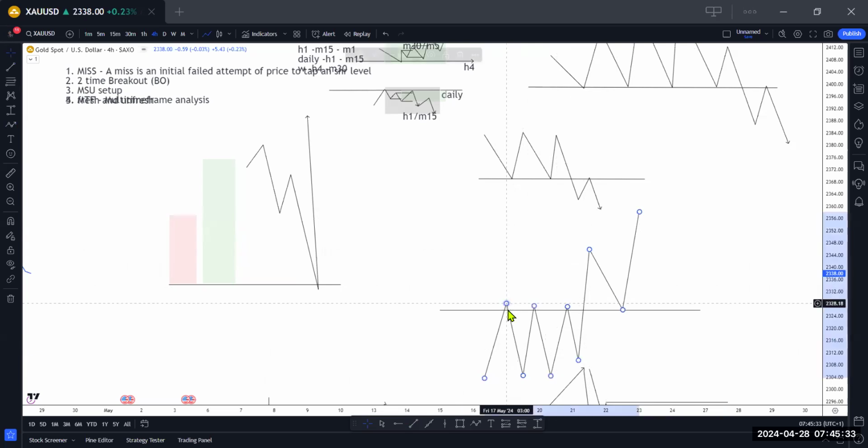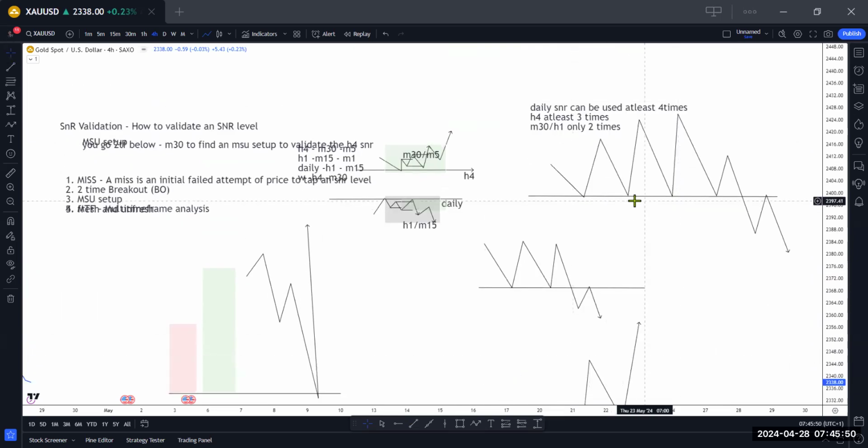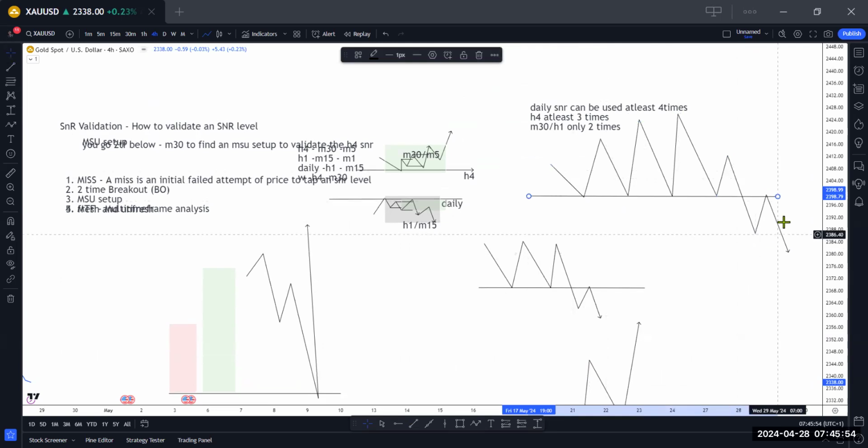Because it was used one, used second, now unfresh. So price will break, tap, and then bounce. So unfresh support, when it's broken, becomes fresh resistance. Fresh support for this daily, when it's broken, becomes fresh resistance. For M30, fresh support, when it's broken, becomes fresh resistance.